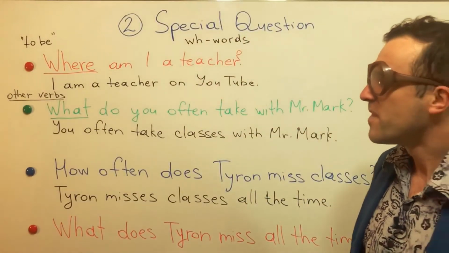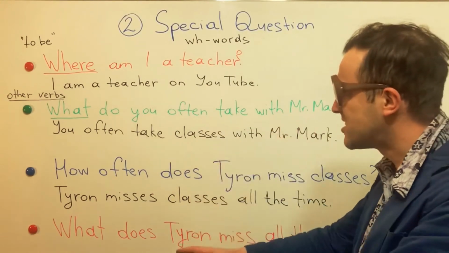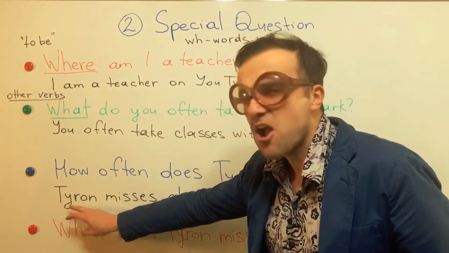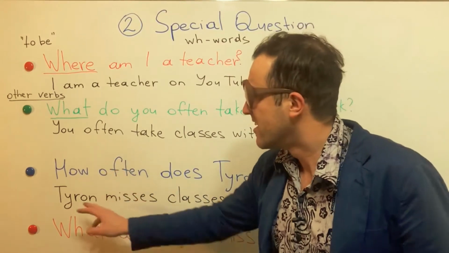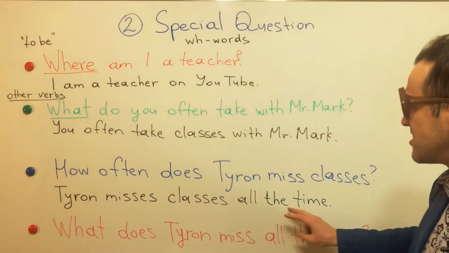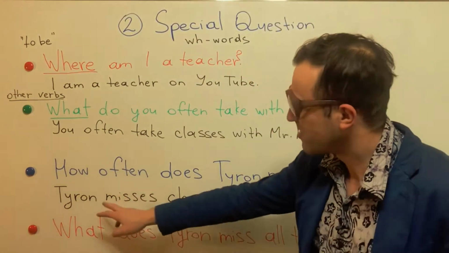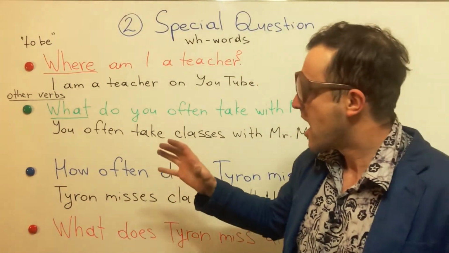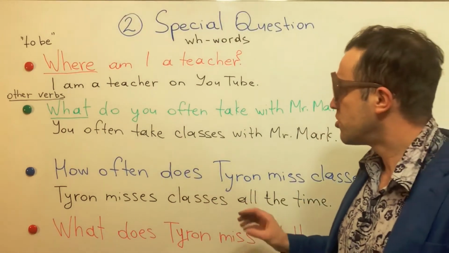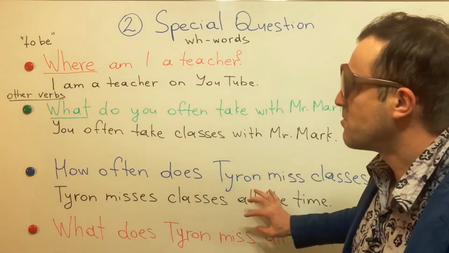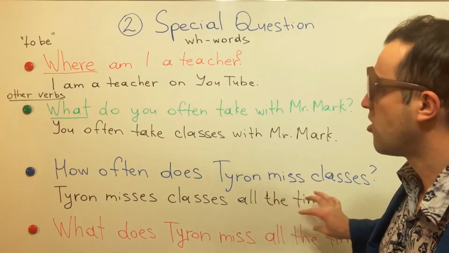Okay, so let's move on to the next sentence. This one, about our Tyrone. So Tyrone misses classes all the time. So he's a naughty Tyrone, yeah? Our task is to give a question to the word all the time, to this collocation all the time.